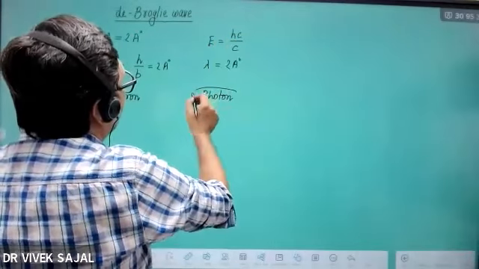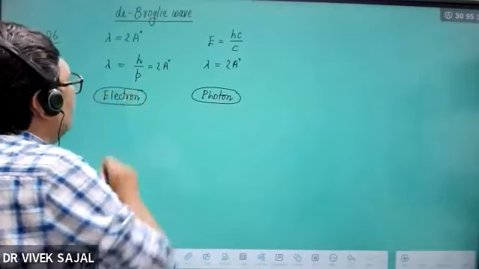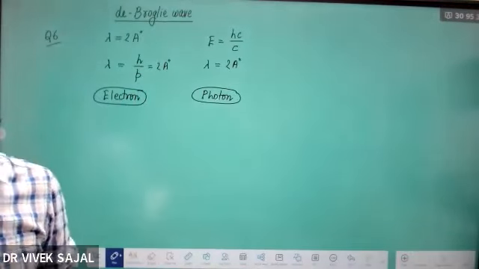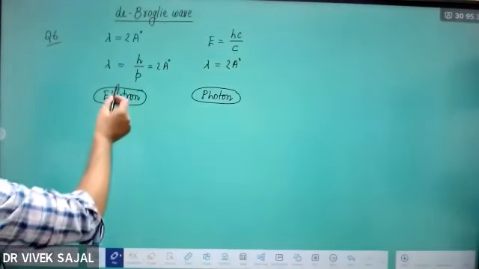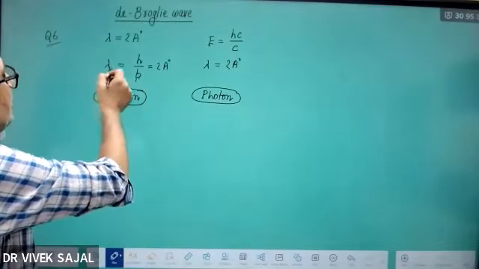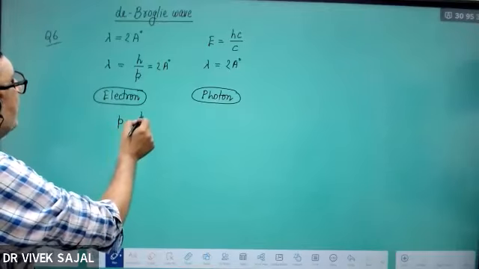So he's talking about a photon and an electron, and we have to calculate their momentum. Because the corresponding lambda is equal, momentum P will be h upon lambda.